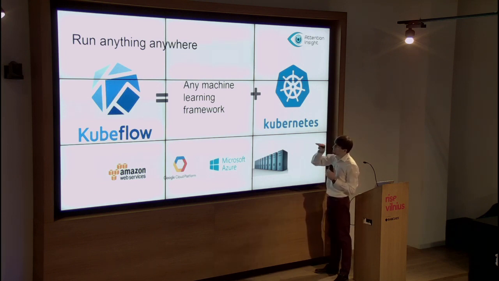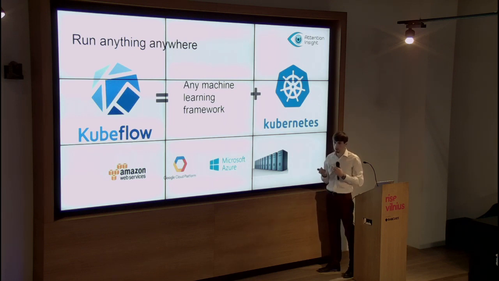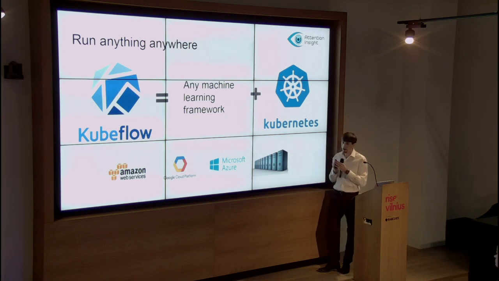Now, I have mentioned containers, but I didn't explain what they are about. If you've heard about Docker images, containers can be thought of as self-sustaining mini machines that contain in themselves everything needed to run a specific code.